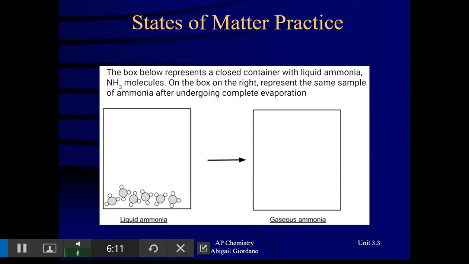Ammonia is NH3. In the box on the right, represent the same sample of ammonia after undergoing complete evaporation. So what would it look like from liquid to gas if you were going to draw in the box? If you want to pause the video here, you can, and think about what that drawing would look like.